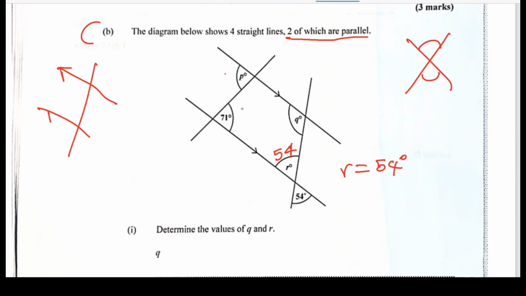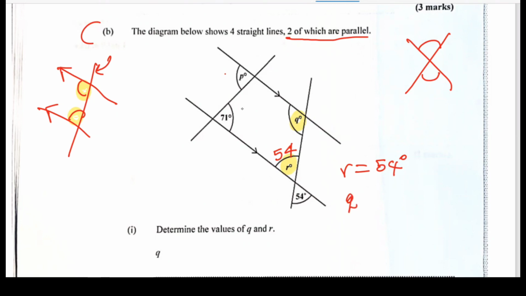If this line is parallel to this, cut by another line, these two angles on the inside, which are on the same side of the transversal, they add to give 180 degrees. So in other words, Q and R will add to give 180 degrees, co-interior angles.